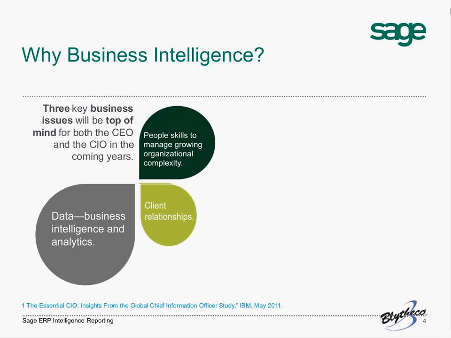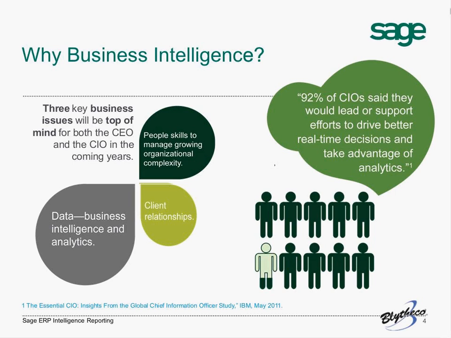The survey revealed that 92% of CIOs said they would lead or support efforts to drive better real-time decisions and take advantage of analytics. Now this probably isn't such a big shocker. Obviously, while that data is growing, that's where we're going to need to start to focus on managing that data and making sure that data is working for you.